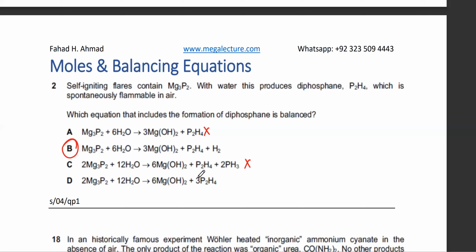Sir, the hydrogen number on the product side is very much more than the reactant side. Let's count that: 24 on this side, and there it's 12. Phosphorus is also not balanced. Actually, hydrogen is balanced, I think: 24 hydrogens. And phosphorus is not balanced. Yes, 12 plus 12, hydrogen is balanced. Phosphorus is not balanced, because it's 2 into 2, that's 4 phosphorus, and over here there are 6 phosphorus. So the only balanced equation that you have is this one.